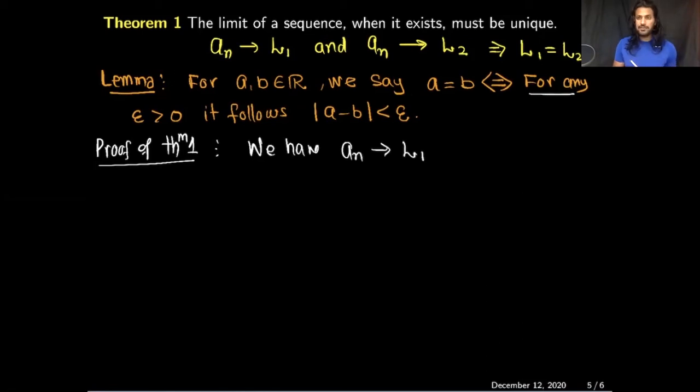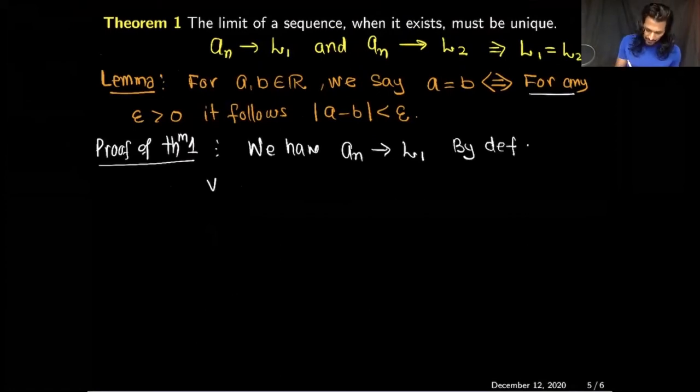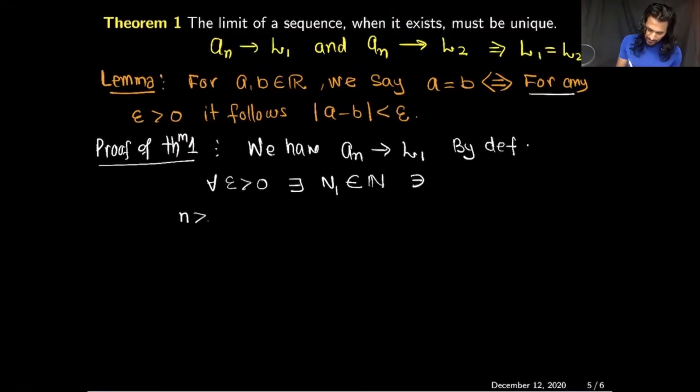So if AN converges to L1, by definition, for all epsilon positive, there exists N1 belonging to the set of natural numbers, so that when N is bigger than or equal to that N1, this implies AN minus L1 is less than epsilon.